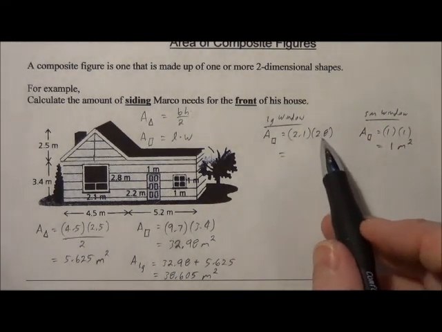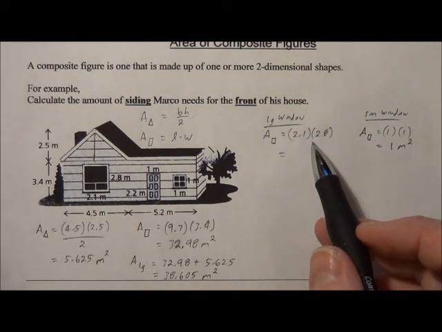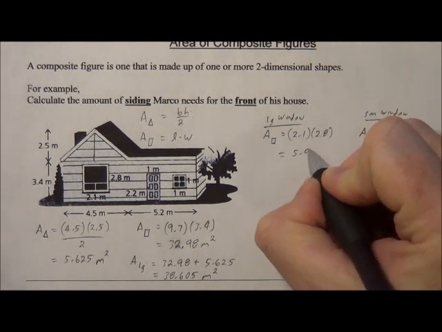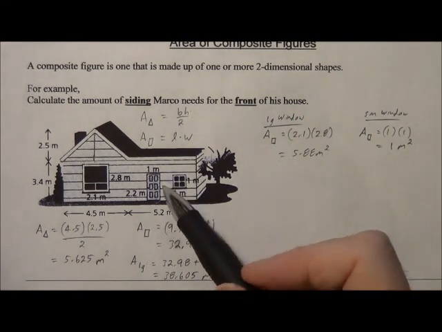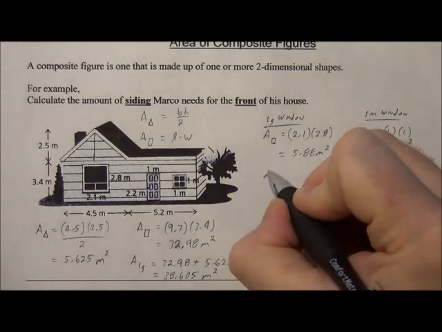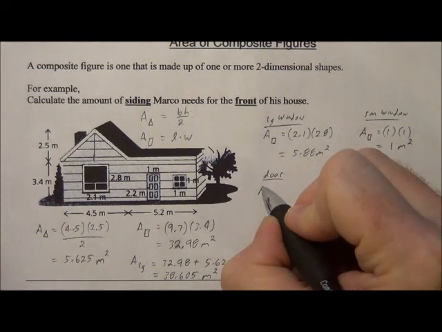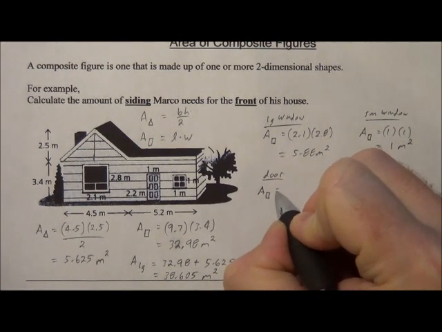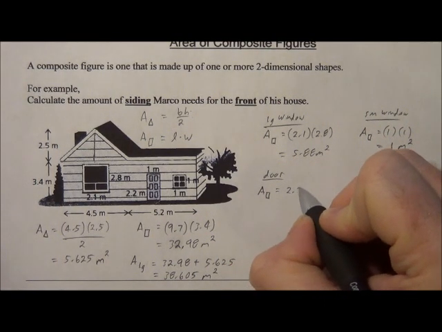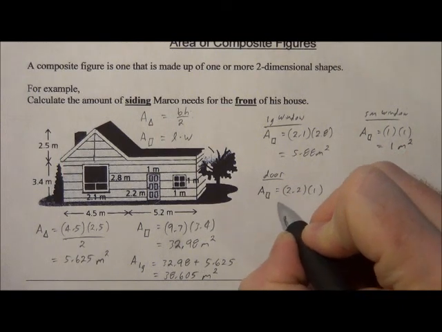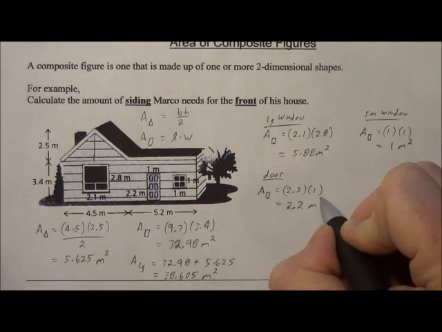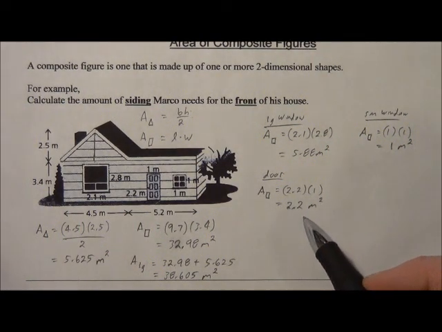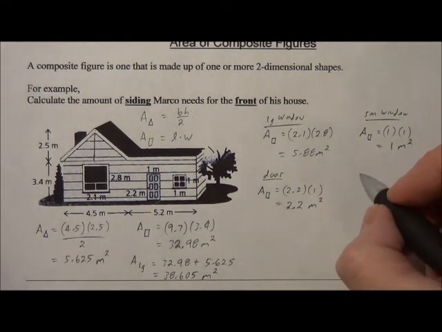And now that I'm over here, I'll do the 2.1 times 2.8 to get 5.88 meters squared. And then we've got the door, again another rectangle, and it is 2.2 times 1, and with my stunning mental math skills I will decide that that is 2.2 meters squared.